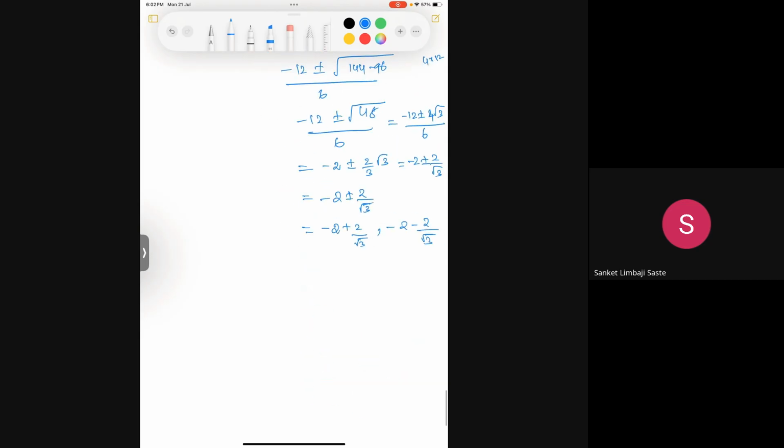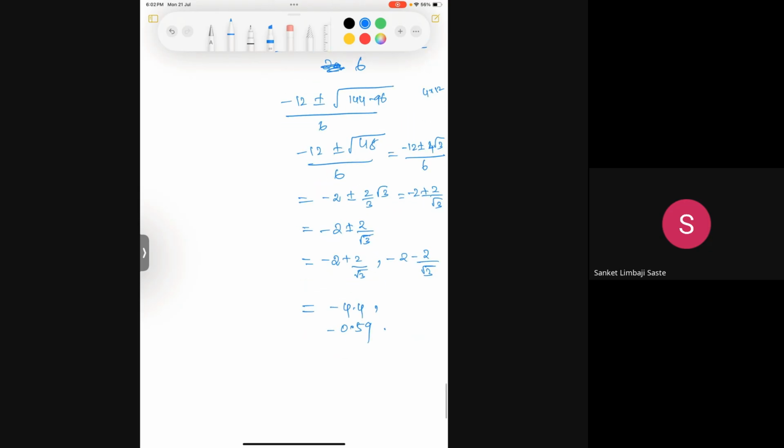Okay. Can anyone check what are all the points? I will use the calculator and see. This will give you minus 4.4 and minus 0.59. These are all the 2 points you are getting out of this.